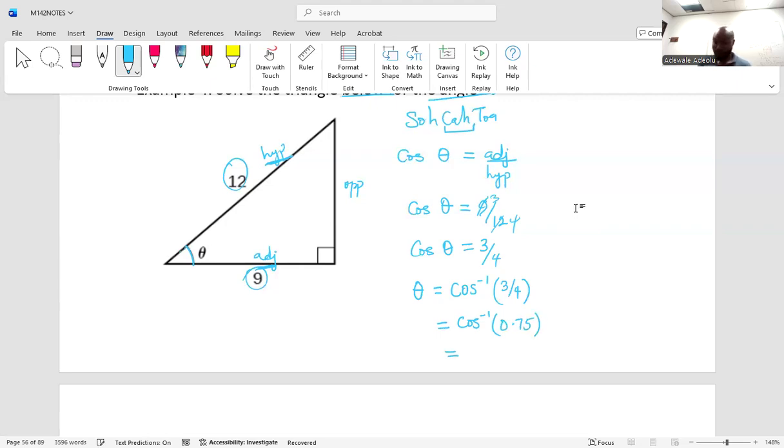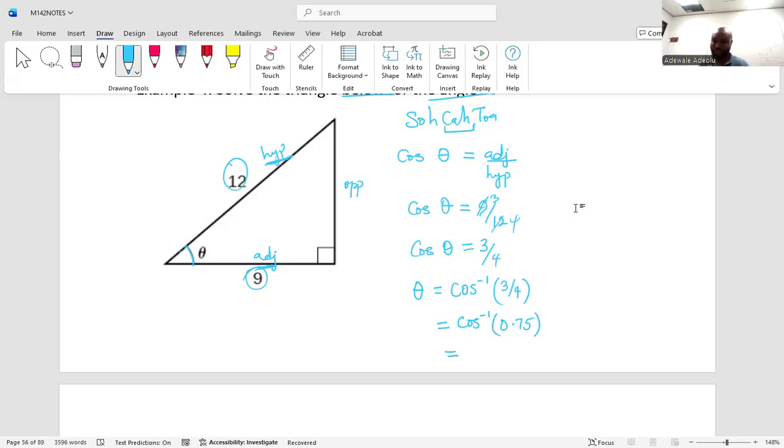So now we go back to our calculator. I want my answer to be in radian, so I will take it to radian. So cosine inverse of 0.75.